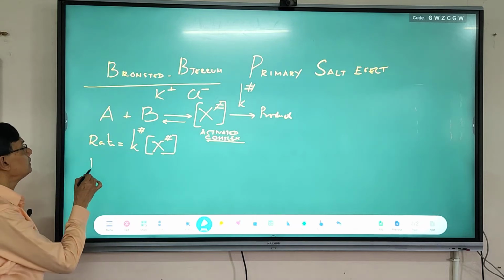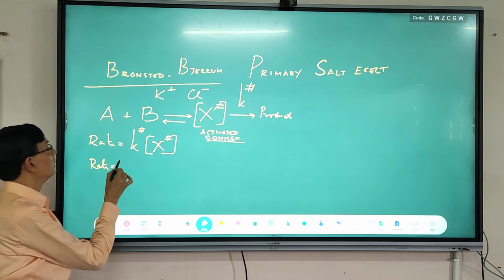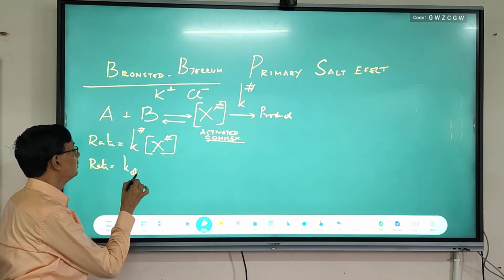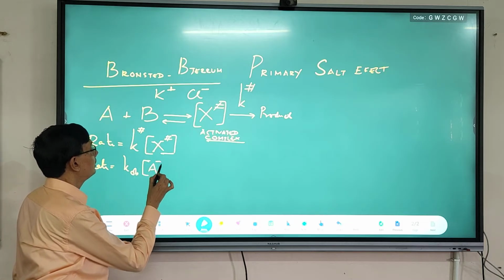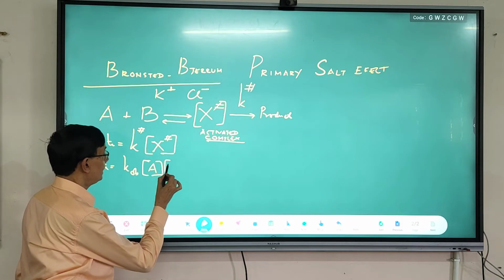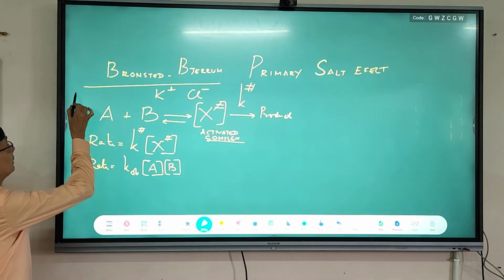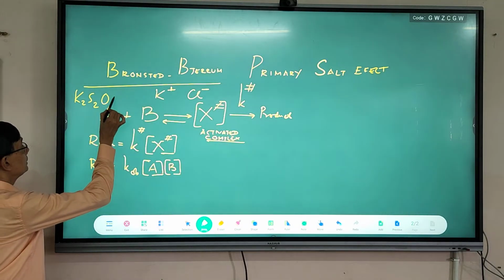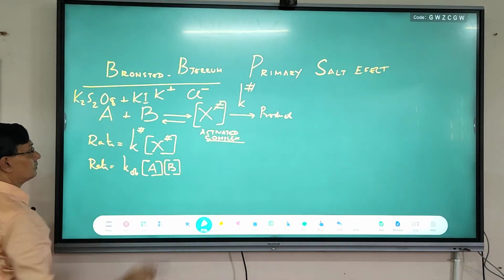In normal cases, we are using K observed, which is equal to, it depends upon A and B. If it is a second order reaction, potassium persulfate, K2S2O8 and KI reaction.